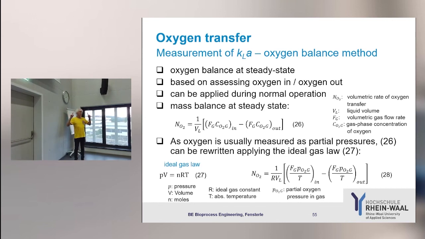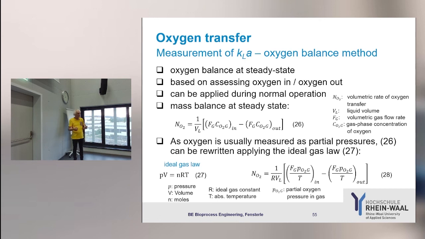So back to what I said. What you did is no cells, and you put out the oxygen, and you measured how fast it goes back. But what you could also do is, you remember we have this equation that the oxygen consumption must be equal to the oxygen being transferred.